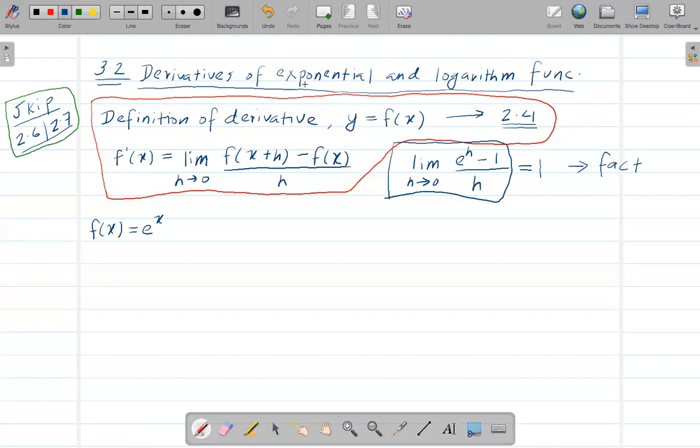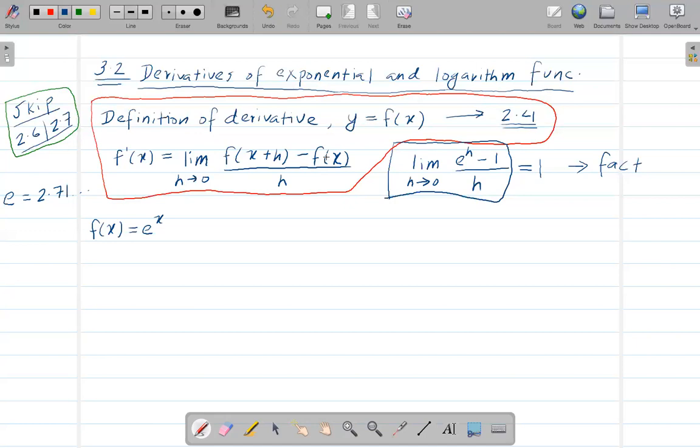This e is a special number, where e equals 2.71 and so on. When we take the derivative of this kind of function, we can use this formula, because we know that for the derivative of any function we can use the formula to get the derivative.